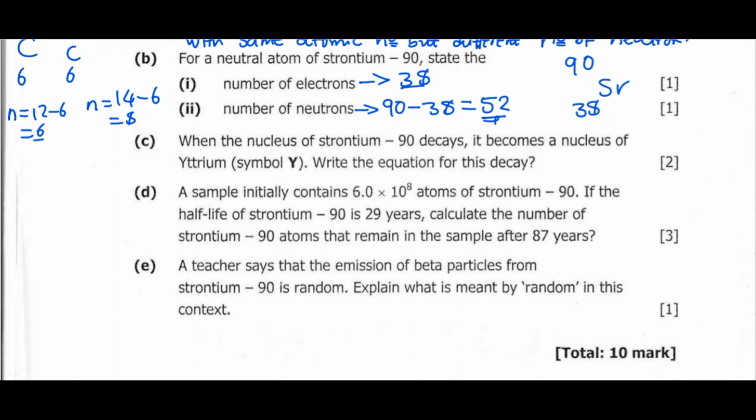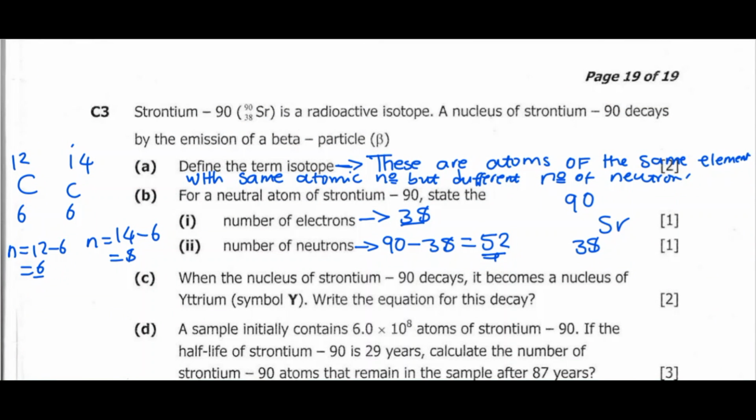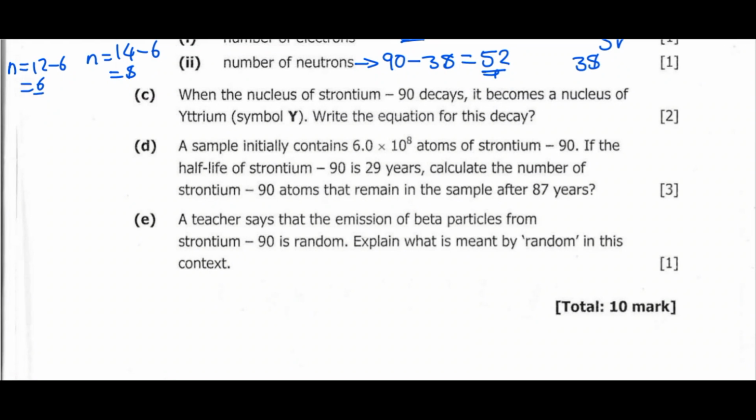So when the nucleus of strontium 90 decays, it becomes a nucleus of symbol Y. Write the equation for this decay. So what did we say? The whole decay is about emission of a beta particle.